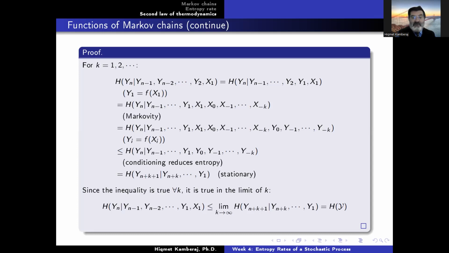Then because Yi is equal to f of Xi, we can write h of Yn given Yn-1 and so on up to Y1, X1, X0, X-1 and so on up to X-k, Y0, Y-1 and so on up to Y-k.